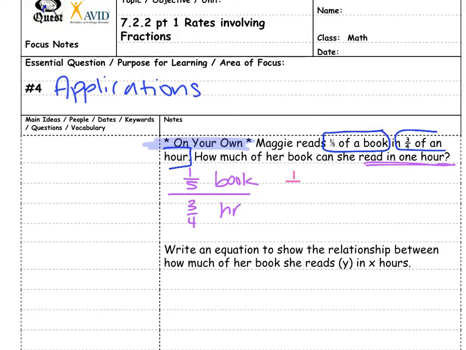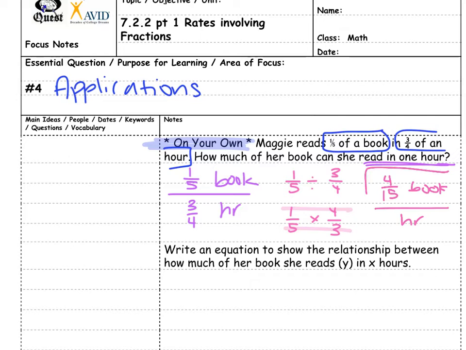We then have to write it as division, keep, change, flip, multiply straight across, and I get 4/15 of her book per hour. And I have my unit rate.